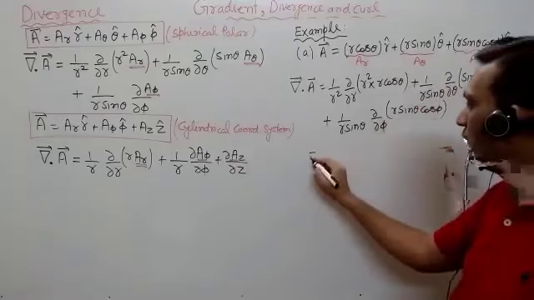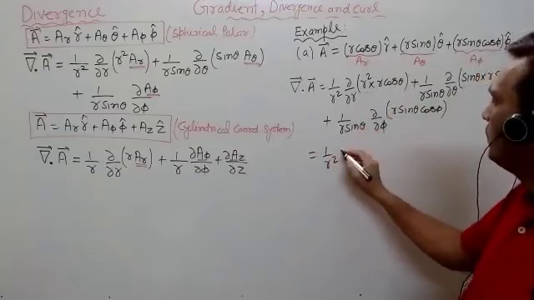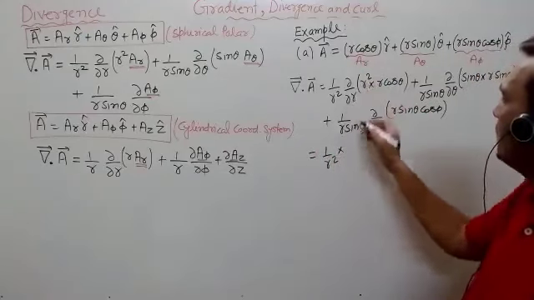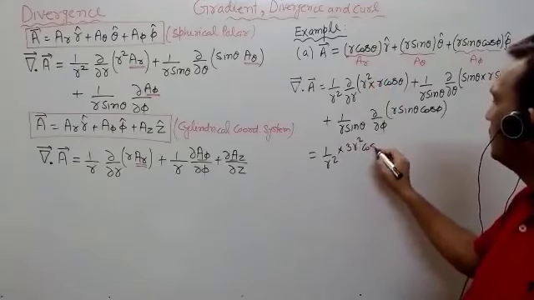So just solve this, you will get divergence of A in spherical polar coordinate. So this will give you 3r square cos theta.